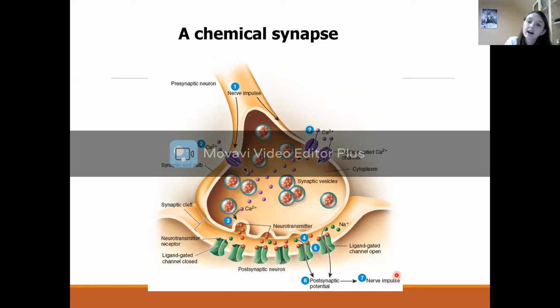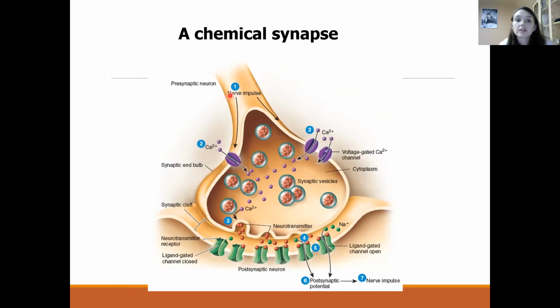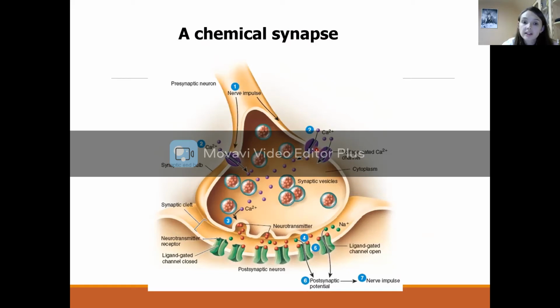Now let us discuss one by one what will happen in the chemical synapses. First of all, we have the nerve impulse. This nerve impulse will be transmitted through the whole axon, and as a result, this impulse will be responsible to open the calcium channel.